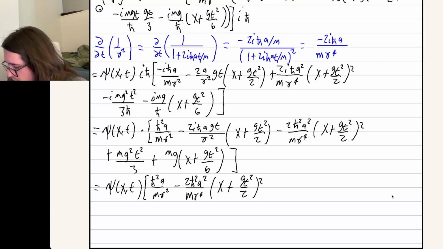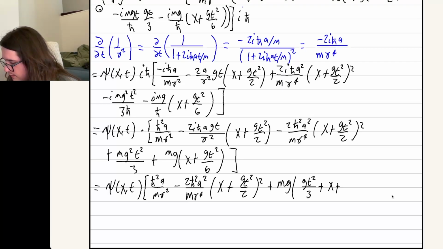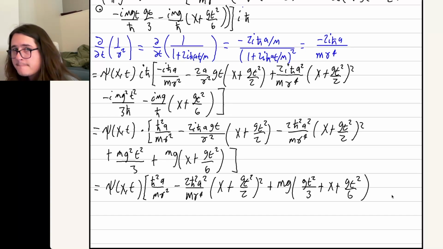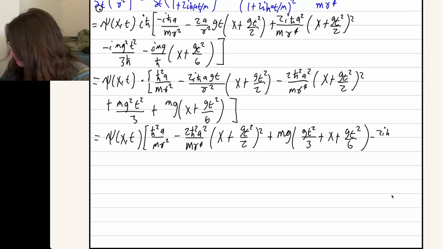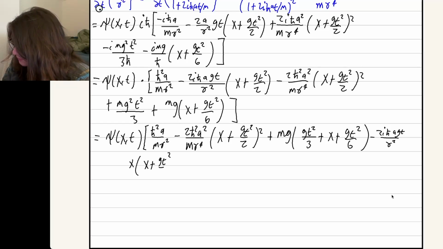So in these two terms here, we have a couple of terms which depend on m g. Just factor out m g. So m g times g t squared over 3 plus x plus g t squared over 6, right? But you still have the minus 2i h bar a g t over gamma squared times x plus g t squared over 2.